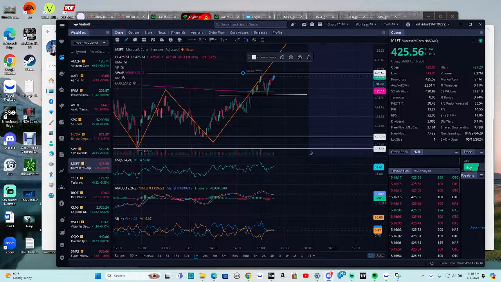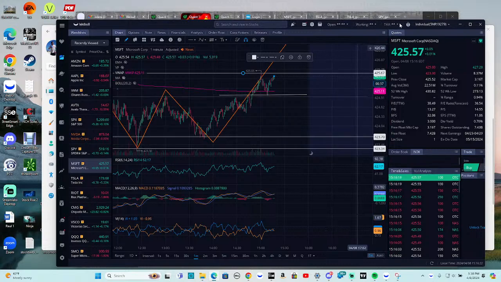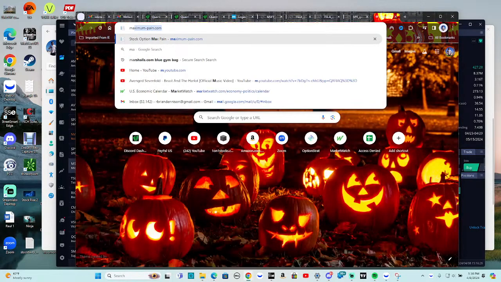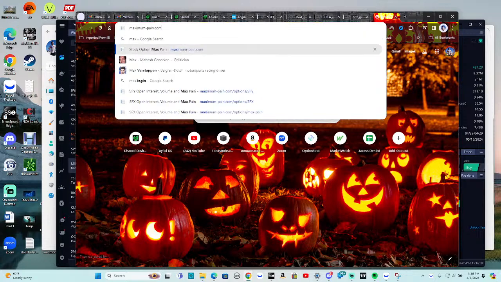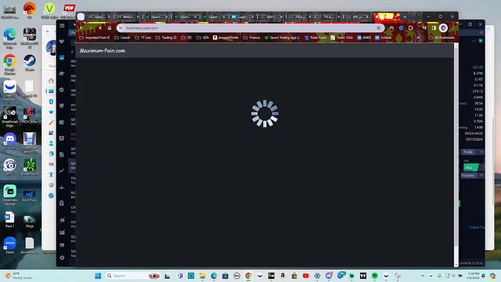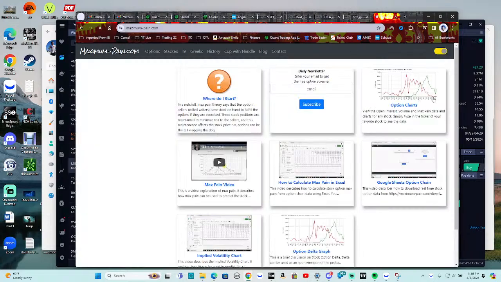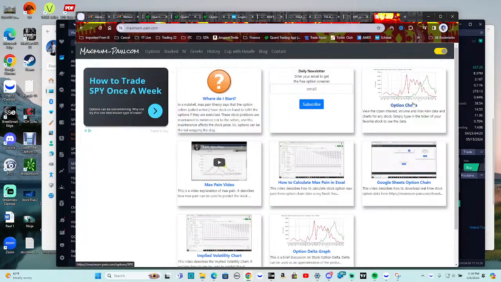The way I use max pain is more for support and resistance, and a good visualization for max pain, for anyone that wants to follow along, is you go to maximum-pain.com.